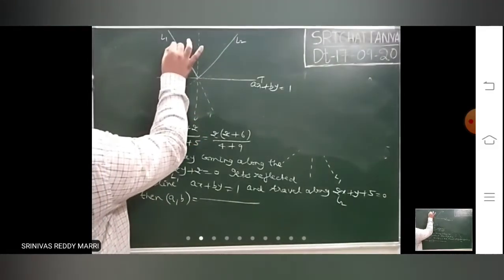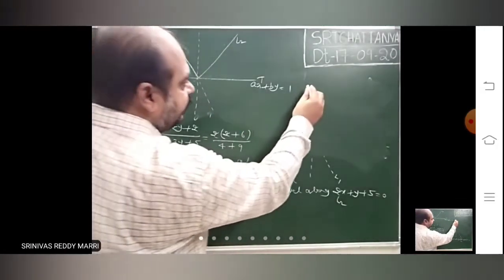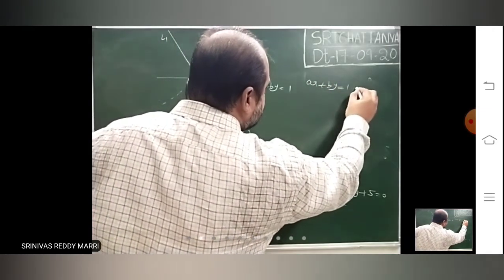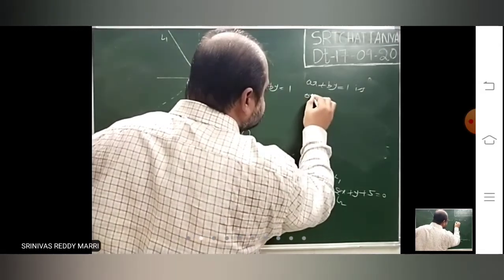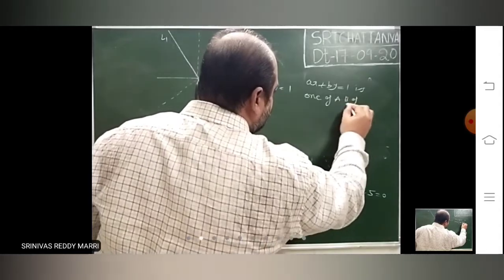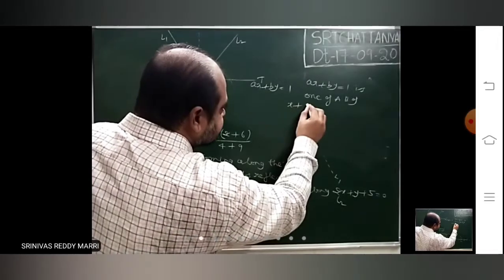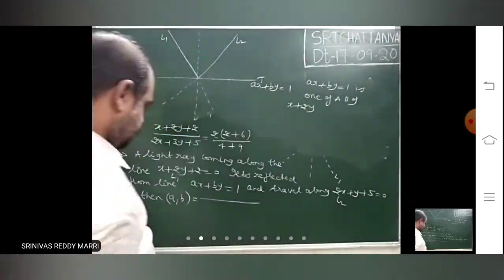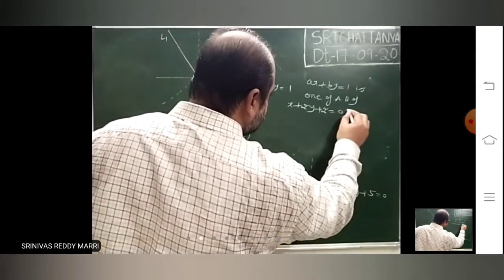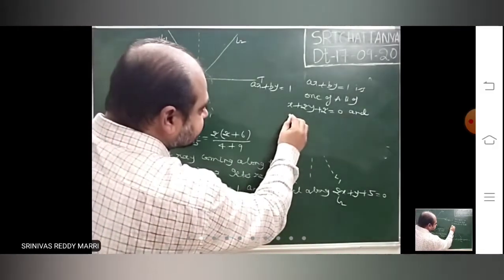So L1 is given, L2 is given. So this line ax plus by equal to 1 is one of the angular bisectors of the given lines, x plus 2y and 2x plus y.